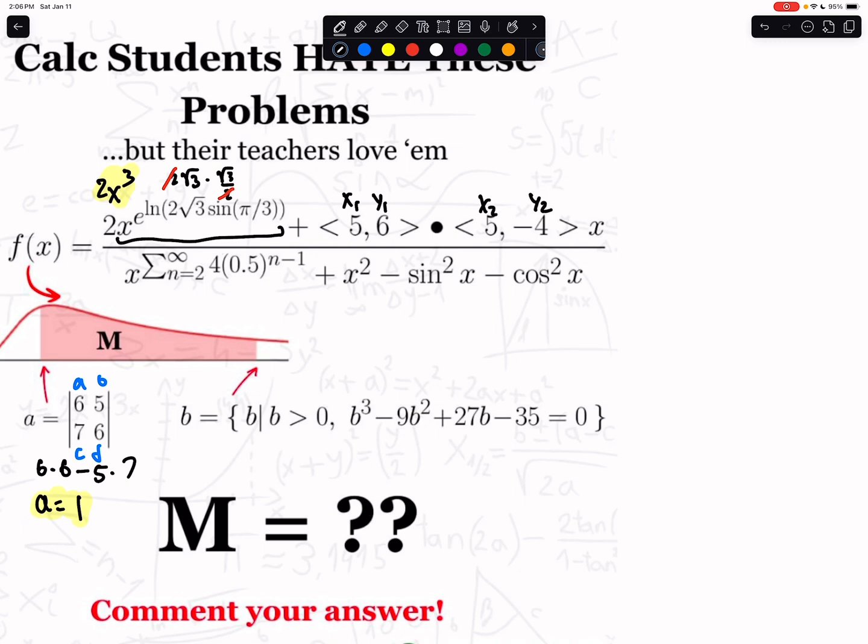So this will just be x1, x2 plus y1, y2, so 5 times 5 minus 24, which will then just be 25 minus 24, which is 1. So then 1 times x is x. So we'll just get x here.